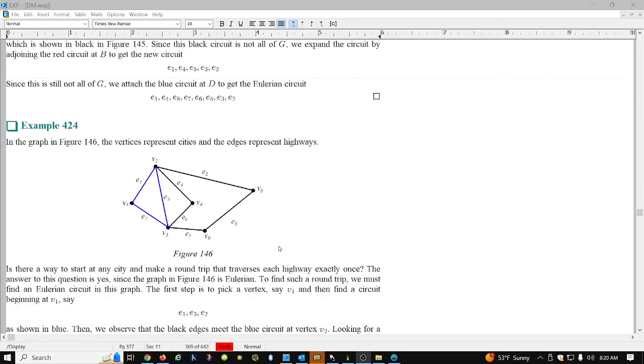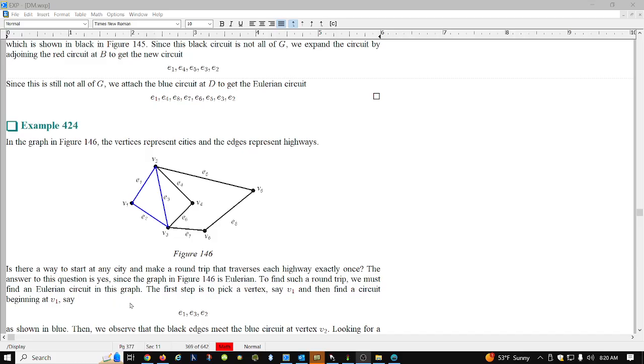Another example, in this graph, the vertices represent cities and the edges represent highways. So it's a transportation graph. Is there any way to start at any city and make a round trip that traverses each highway exactly once?